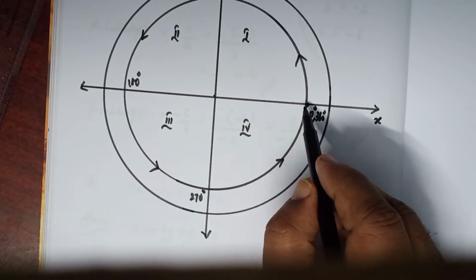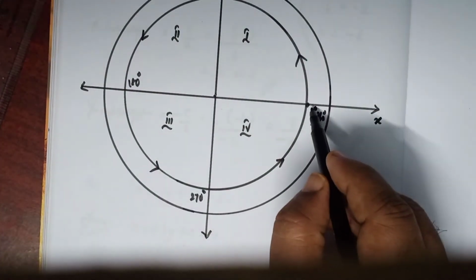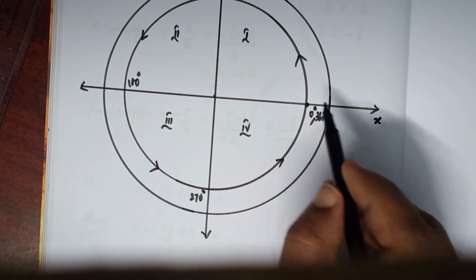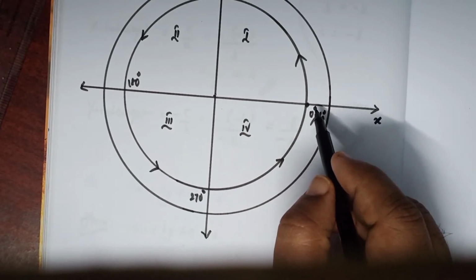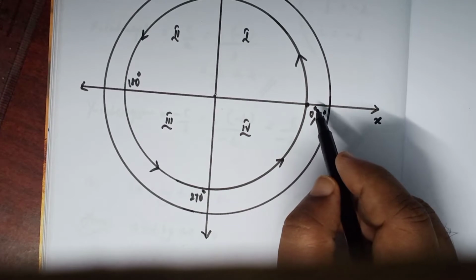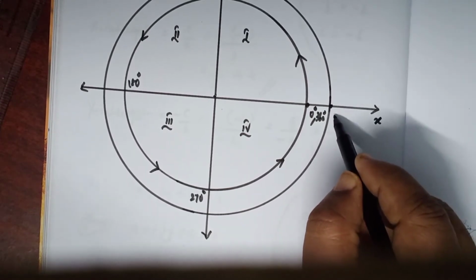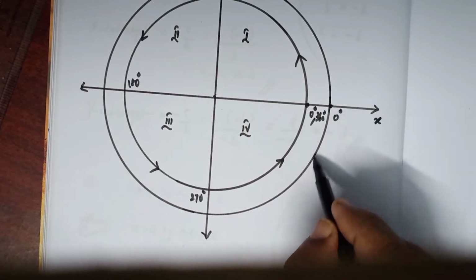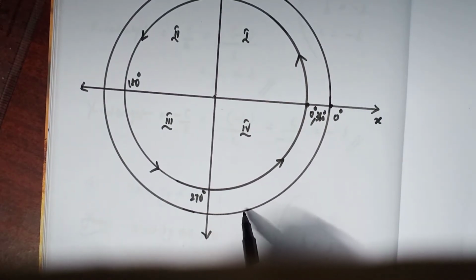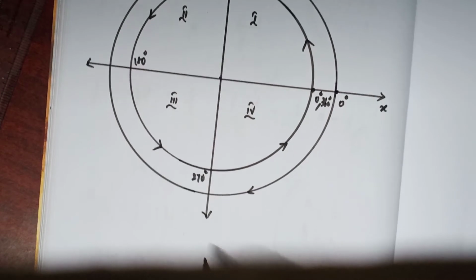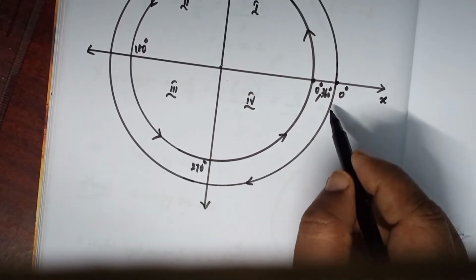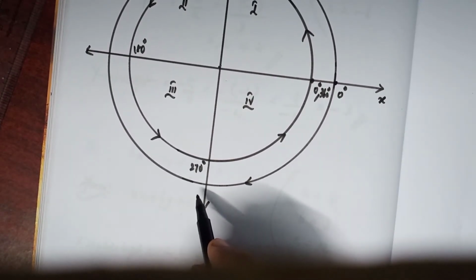I start from here and I reach the same place. So full rotation, 360 degrees. Now I am going in clockwise direction. Start from here, that is 0 degree only. From here to here, this is minus 90 degree. So negative angle, minus 90 degree.